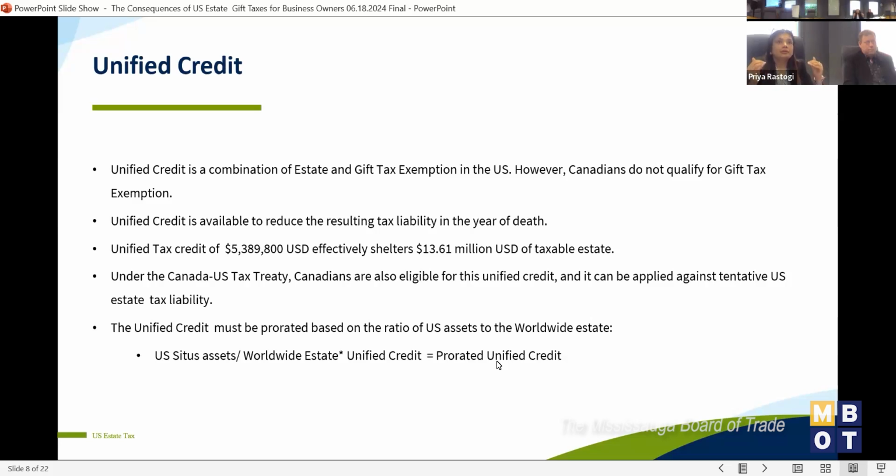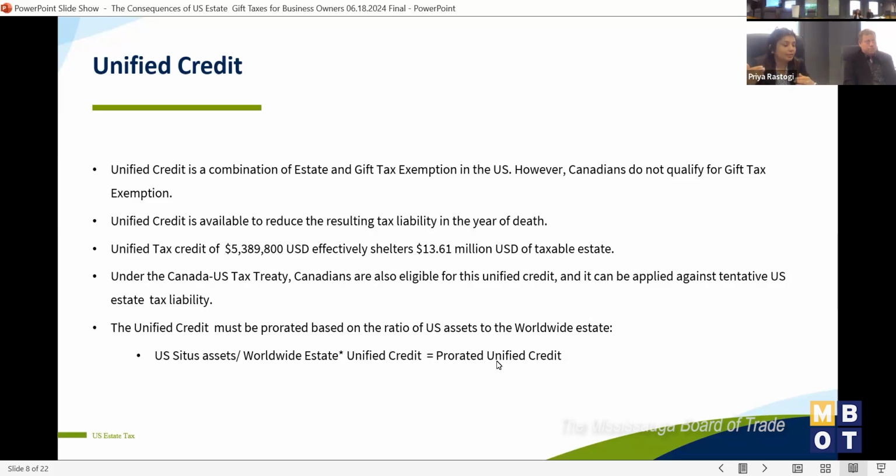If we are not Canadians, we cannot use this exemption. As per the Canada-US tax treaty, Canadians are eligible to use this unified credit, and it can be applied to reduce their US tax liability. The credit is prorated based on your US assets versus worldwide assets.